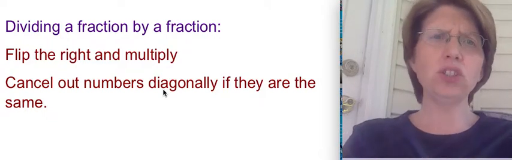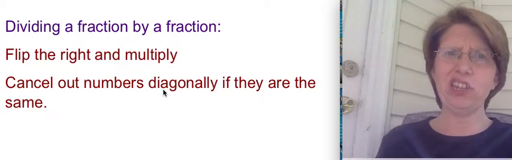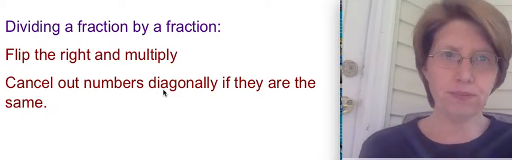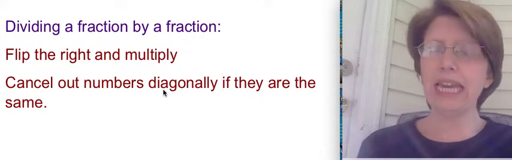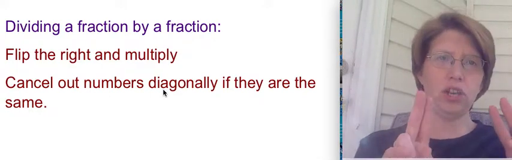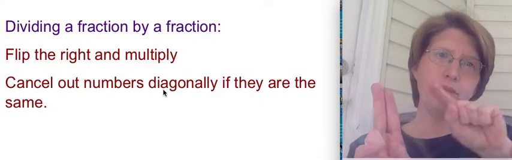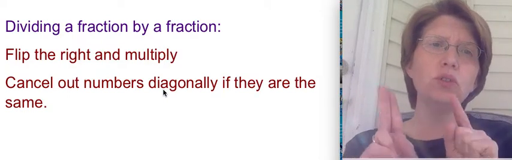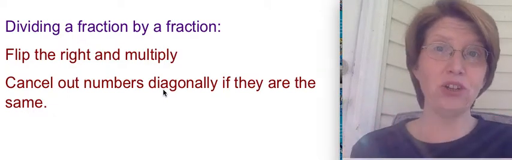So I cancel what I do out. It's no good if I multiply and then divide, right? So in that case, when we get to numbers where we see the same number diagonally across, we can cancel those out. And I'm going to show you, this is really exciting.